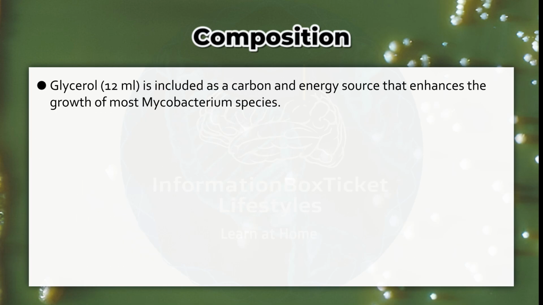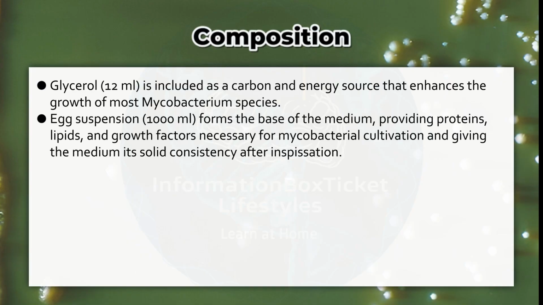Glycerol, 12 milliliters, is included as a carbon and energy source that enhances the growth of most Mycobacterium species. Egg suspension, 1,000 milliliters, forms the base of the medium, providing proteins, lipids, and growth factors necessary for mycobacterial cultivation, and giving the medium its solid consistency after inspissation.